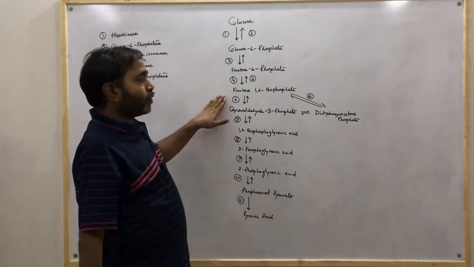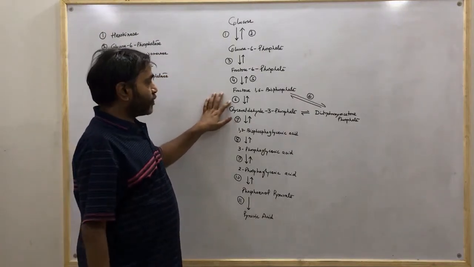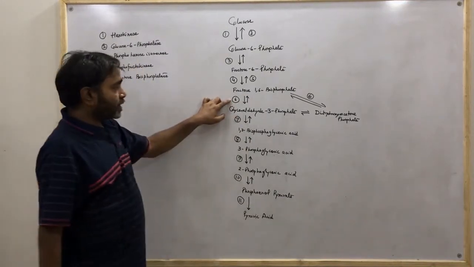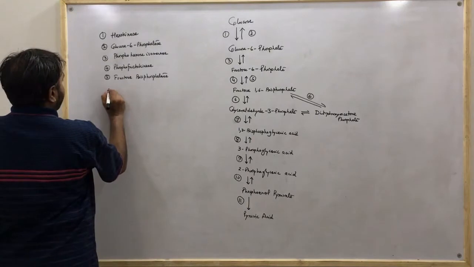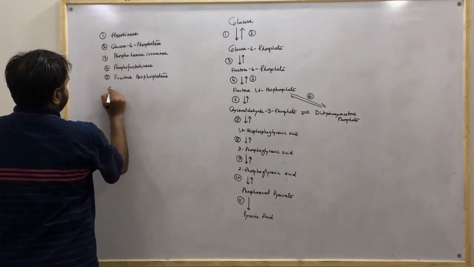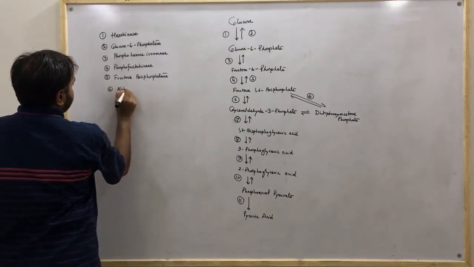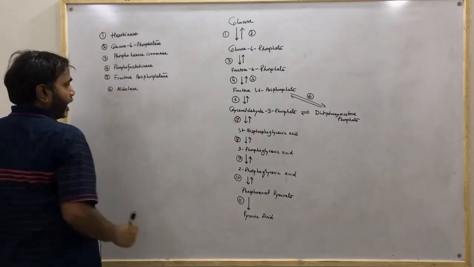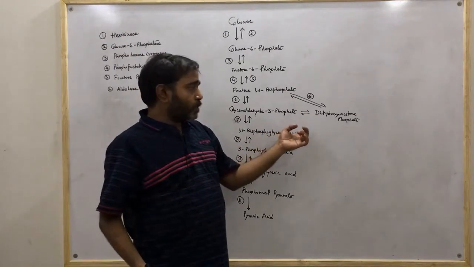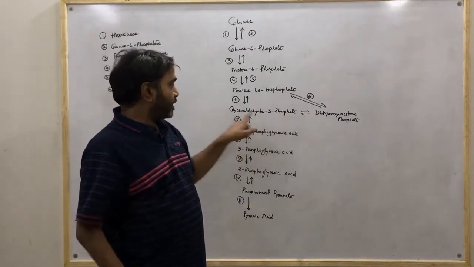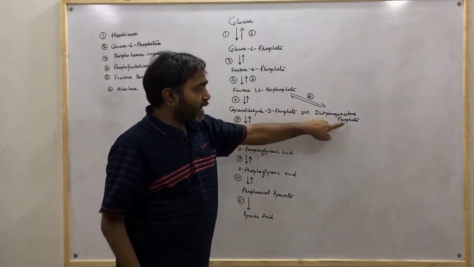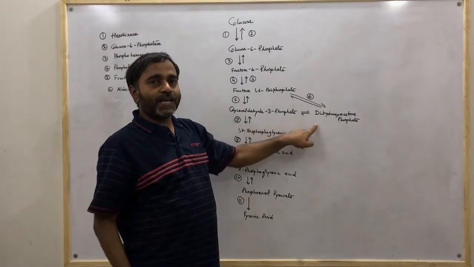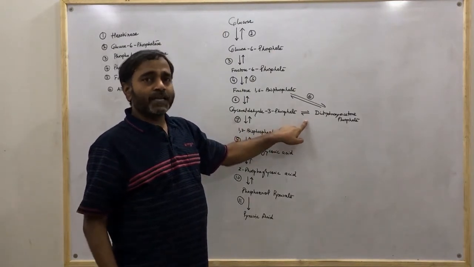Now what is the enzyme which is working over here, at the 6th position? This is aldolase. And one enzyme is also there. See this position, in between glyceraldehyde 3-phosphate and dihydroxyacetone phosphate, which we have left in giving the numbering.